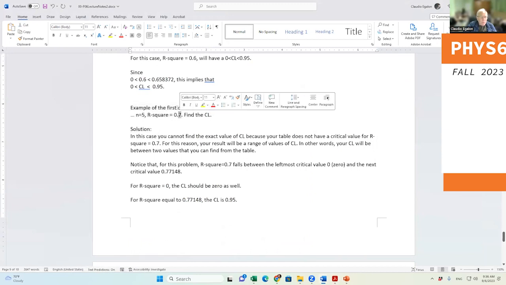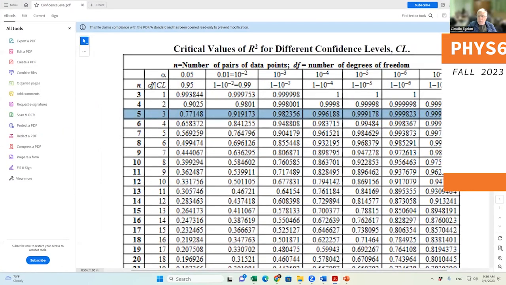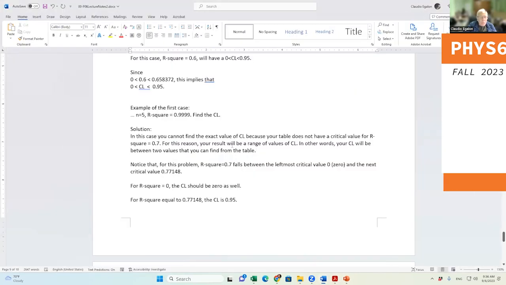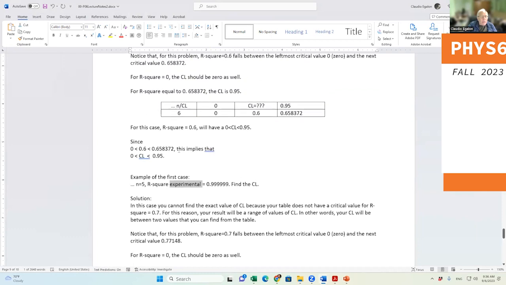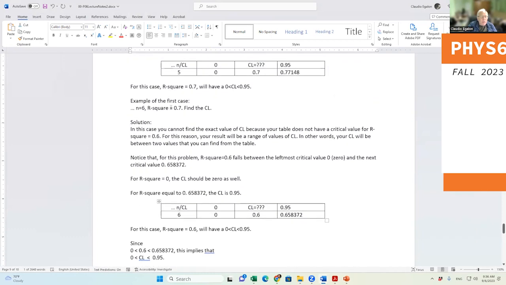R square is equal to 0.9999. Okay. Your experimental, 1, 2, 3, 4. I need more. Okay. R square experimental, I'm going to write it down. When I say R square experimental, I mean the R square that you found in your graph.